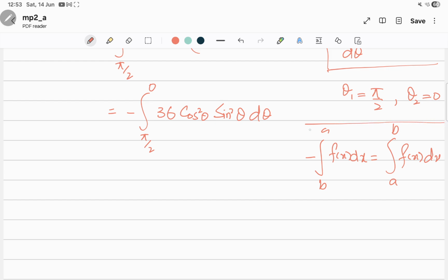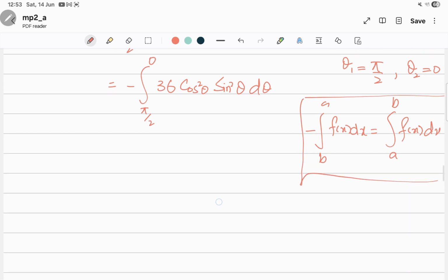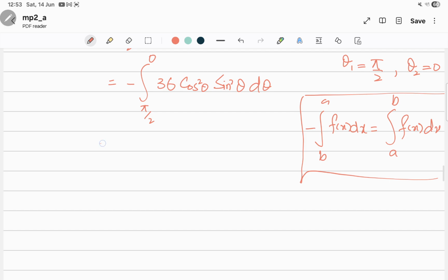This is the property of the integral. If you apply this property over here, because we have the negative sign outside, if you remove the negative sign and flip the limits, you will get this result. And 36 is a constant you can take outside, so it will be 36 times the integral of cos square theta sine square theta d theta, and this is the result we have to show for part A.